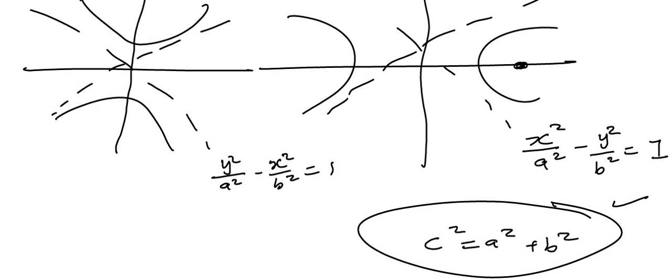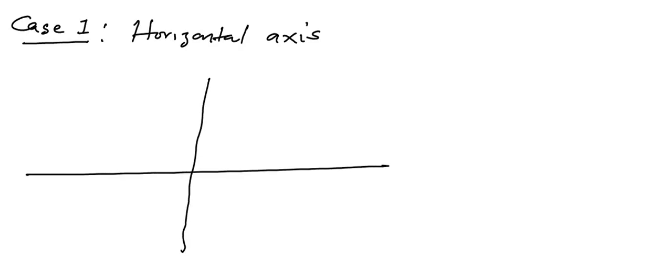Let me give you a general case scenario for both the two cases I've discussed here. Let me write it neatly. You have case 1, when you have the horizontal axis. The horizontal axis means it's lying on the x-axis, like this.